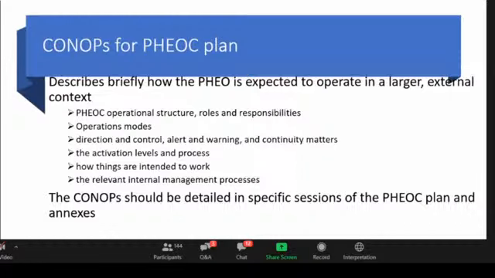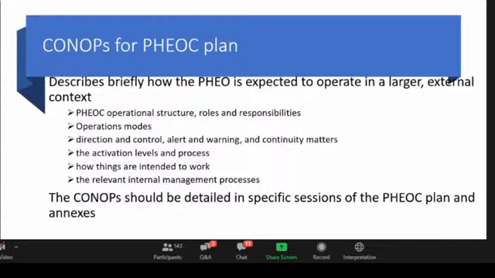It also provides direction and control, alert and warning, and continuity matters. You describe how you are going to do it, and also the activation levels and the process within the PHEOC, so how things are intended to work, all the above, and the relevant internal management processes.